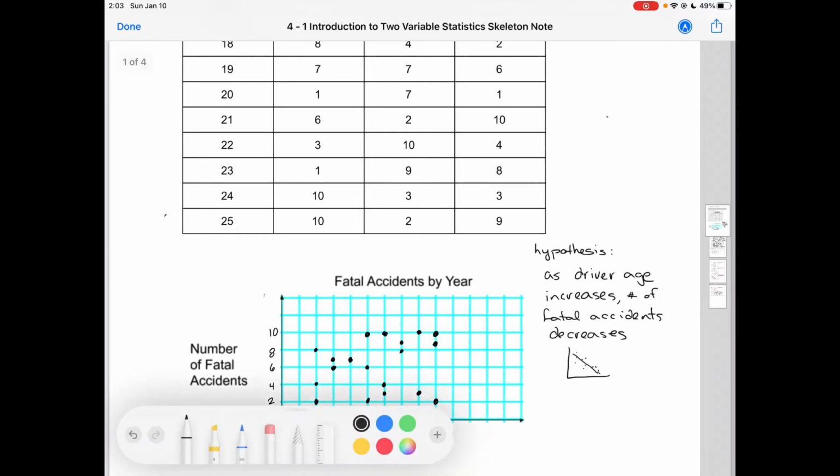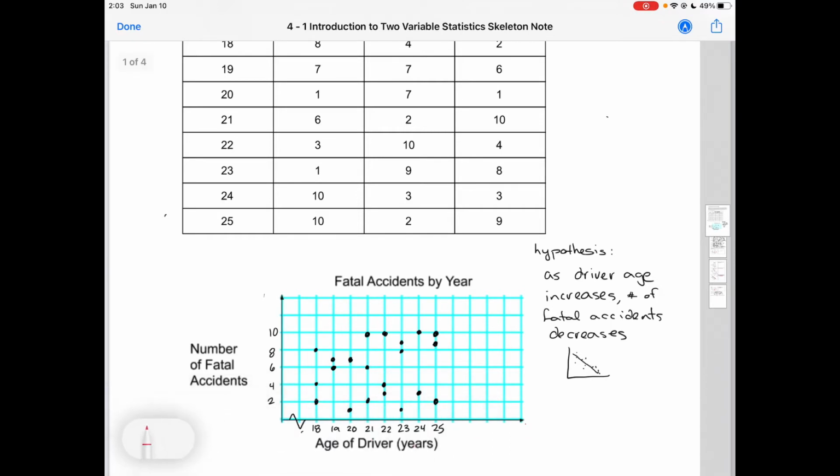So the points are going down and to the right. But instead, what I see is just a giant blob of points in the middle of the graph, and there's no relationship between those points.